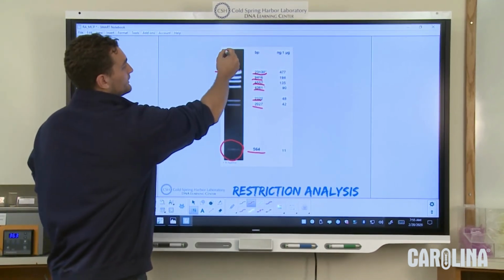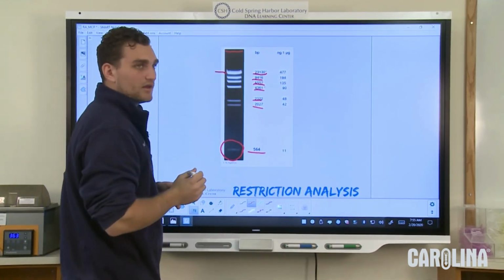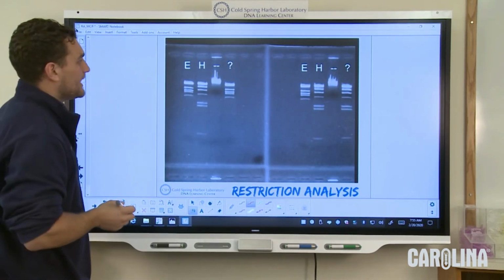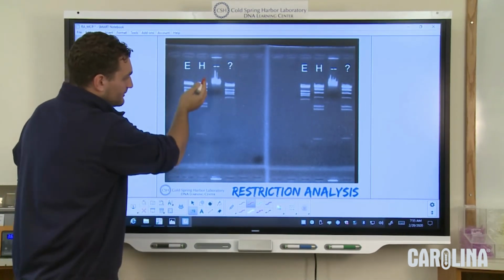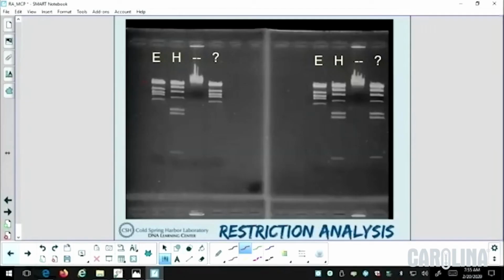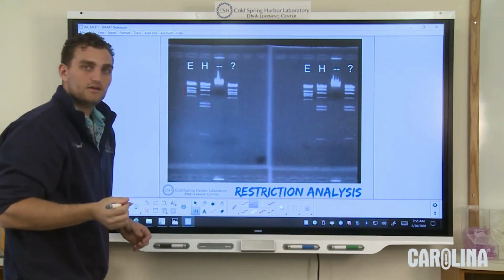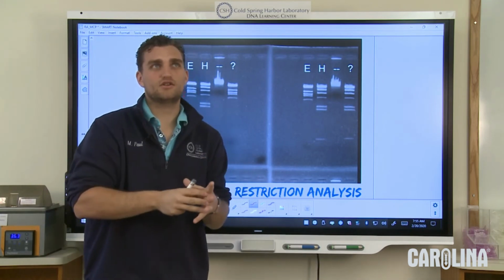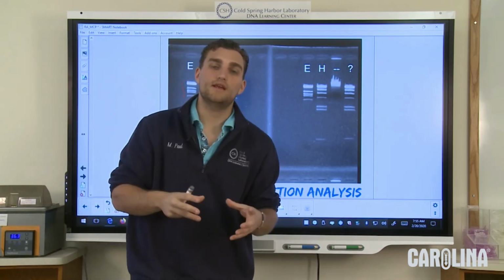The well that we loaded would be right up here. So if I go back and look at my Eco lane and my Hindi lane, the Eco has 5 bands, right? 1, 2, 3, 4, 5. This central band is the 5,643 and the 5,804 running together.